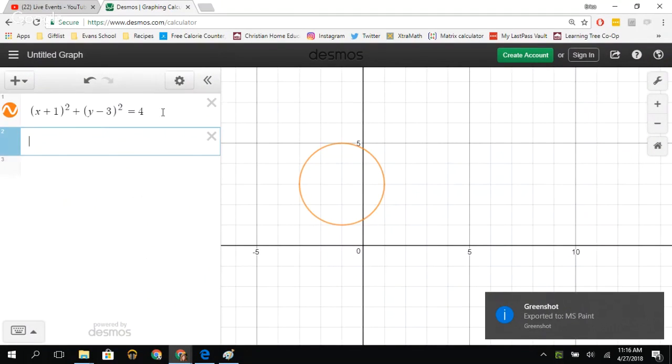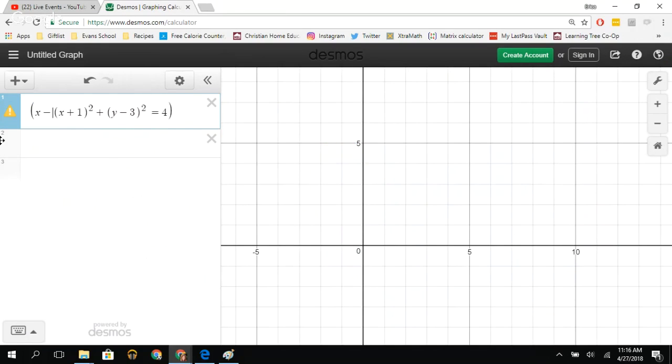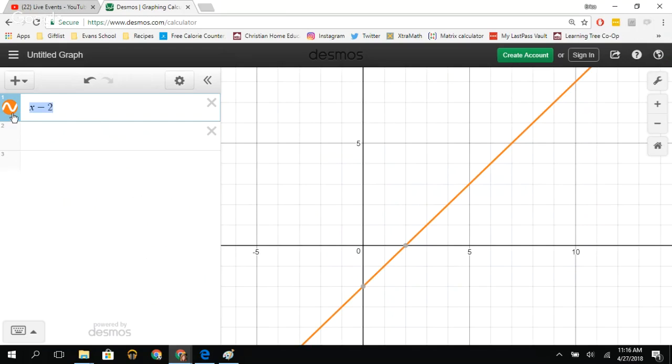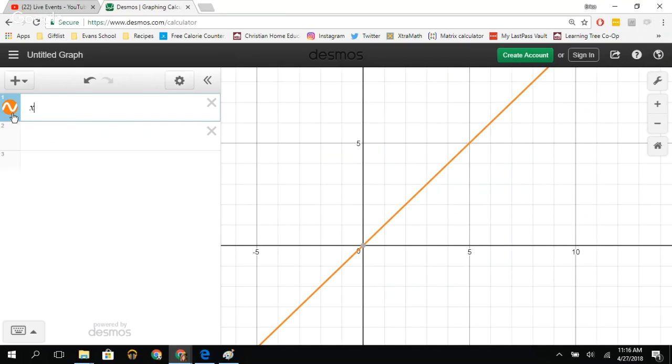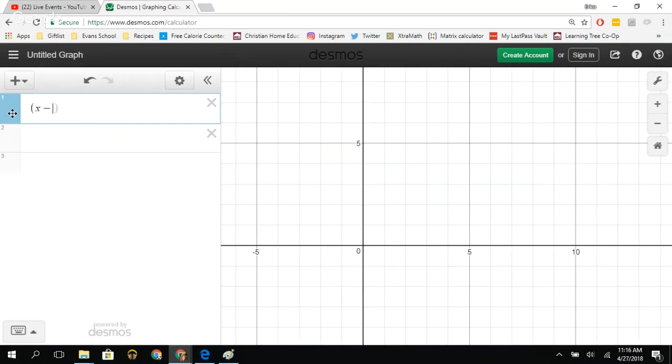Yep. So this is example number 2. We have x minus 2. Oops, got a bunch in there. I'm going to just start with my parabola without. I know what I'll do. I'll put 0 in.